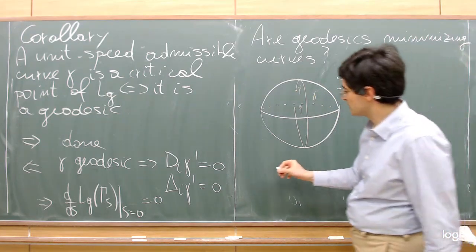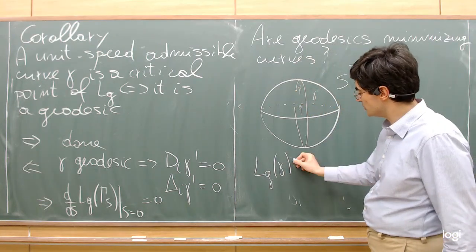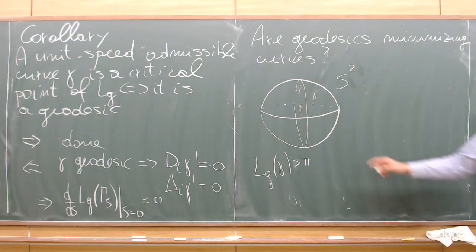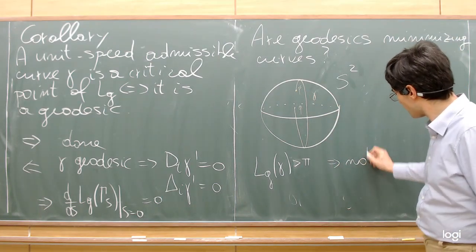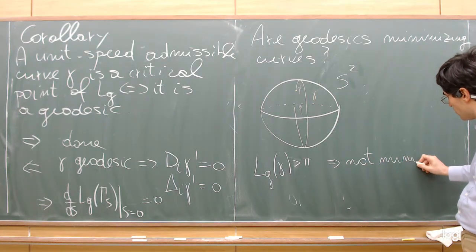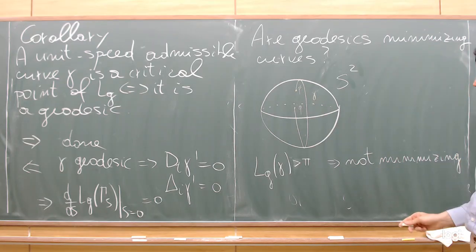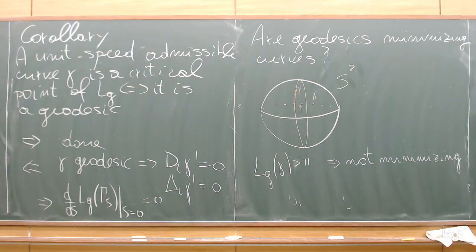So if the length of gamma is larger than pi, clearly this geodesic here is not minimizing. Why? Because the length minimizing curve joining P to Q is this one. So the answer to this question is no.